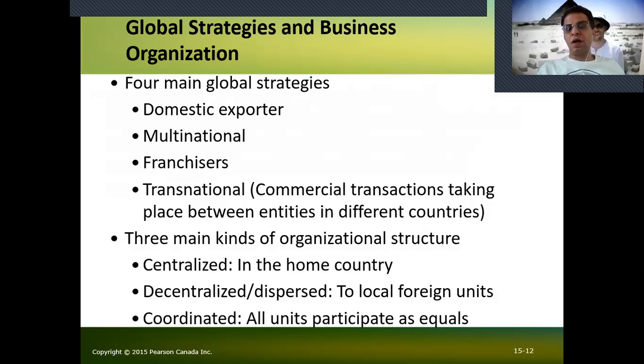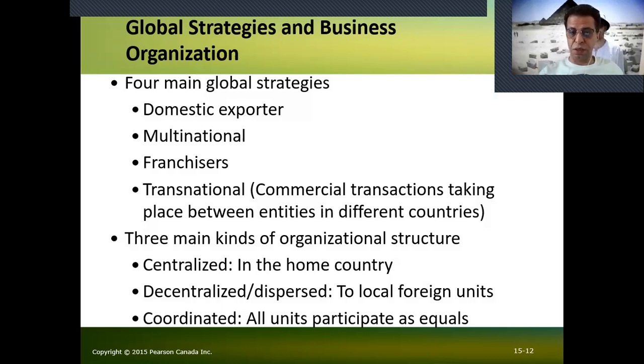So when we are looking at a global strategy and business organization, there are four main global strategies: whether the company is a domestic exporter, a multinational, a franchisor, or transnational, which is a commercial transaction taking place between entities in different countries, like what's happening with Ford and GM between Canada and the USA. There are three main kinds of organizational structure: the centralized structure, the decentralized structure with local foreign units, and the coordinated structure where all units participate as equals. Here, there are three kinds in the organizational structures.